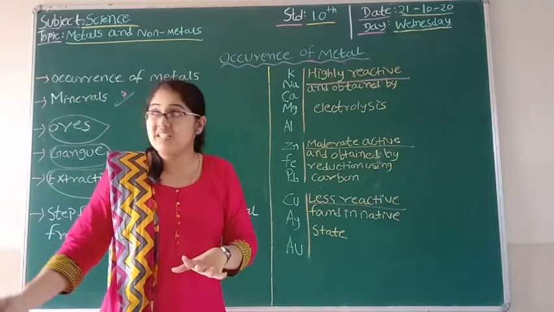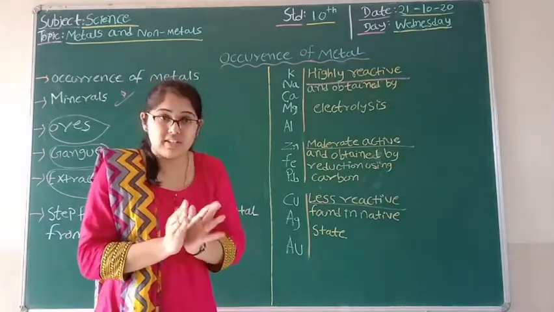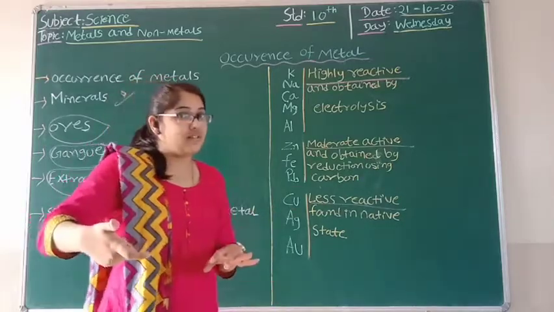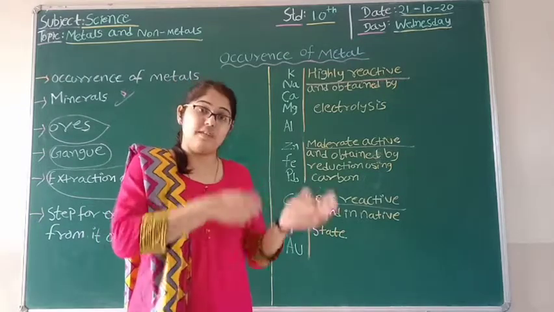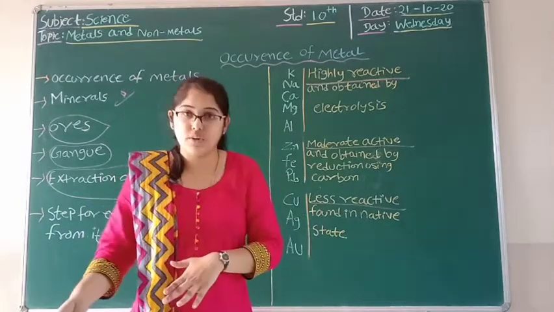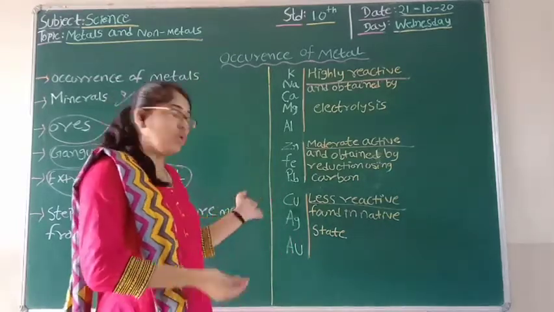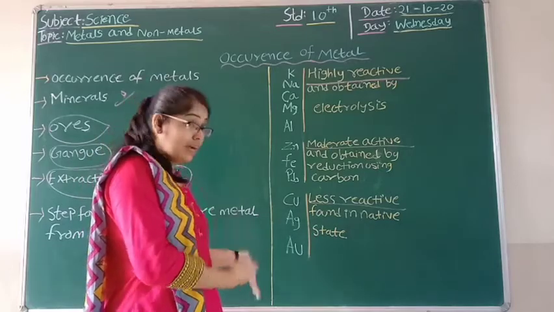They are found in free state in nature, like copper and silver, gold and silver. Some are found in combined form in nature, which means they are found in sulfide form or carbonate form. So we talked about these less reactive metals, that is copper, gold, silver and platinum.